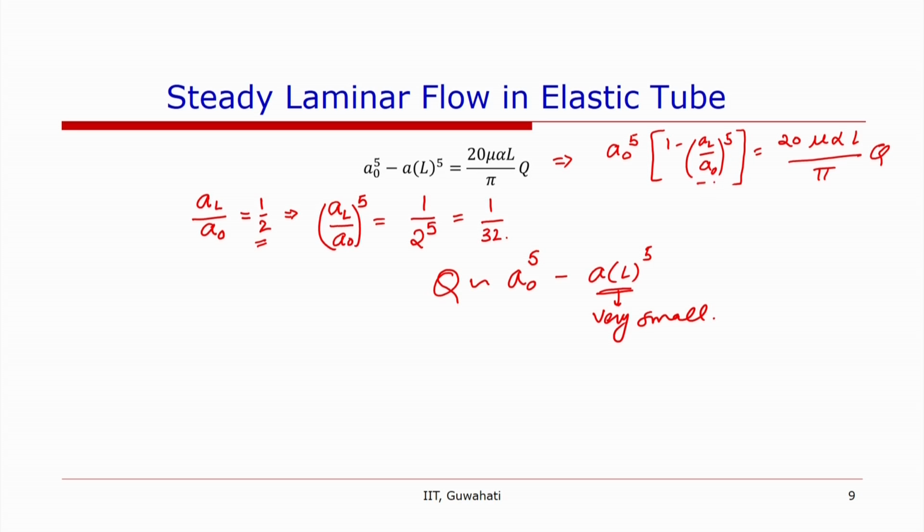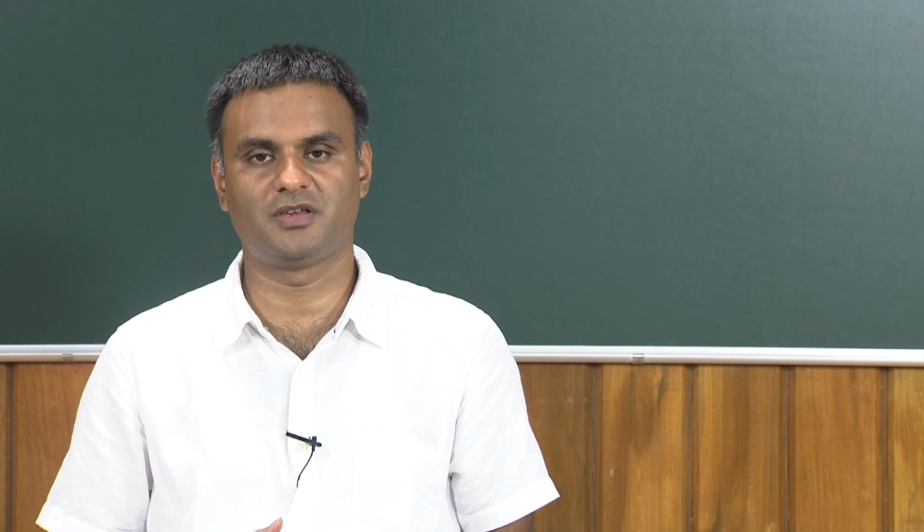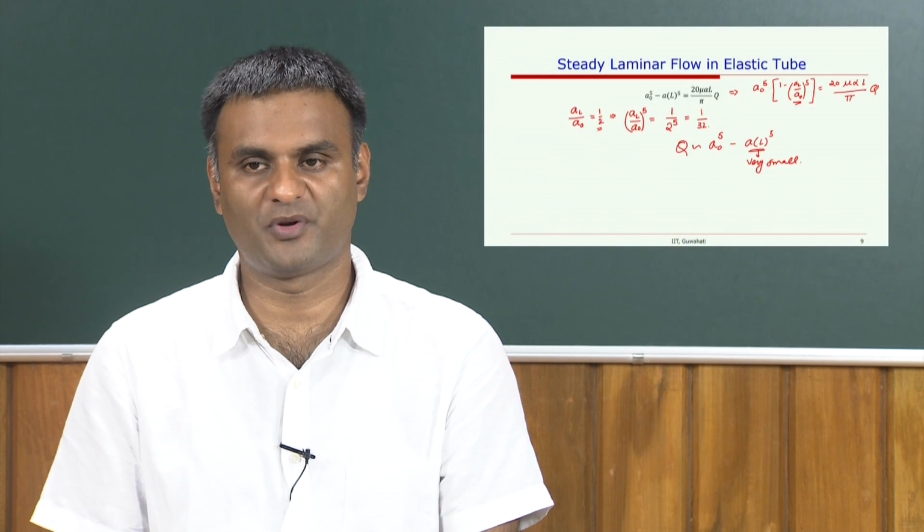So this number is going to be very small, so that is directly proportional to A to the power 5. This is when there is linear relationship between the A and P, where A is the channel radius and P is the pressure variation along the channel.